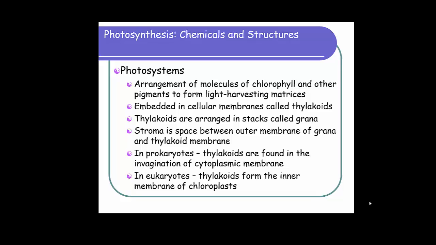They are embedded in the membranes of the thylakoids, and the thylakoids then are arranged in stacks within the chloroplast called grana. The stroma is the space between the outer membrane of the grana and the thylakoid membranes. In prokaryotic cells, the thylakoids are found in the invaginations of the cytoplasmic membrane, and in eukaryotic cells, the thylakoids form the inner membrane of the chloroplasts.